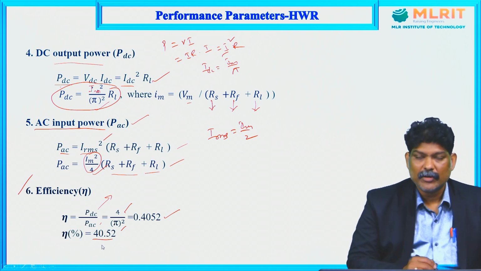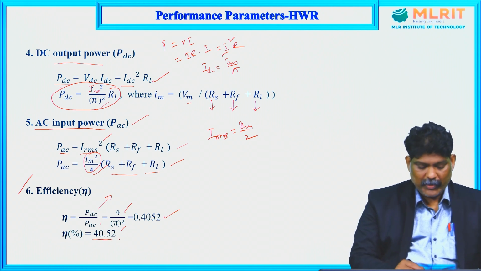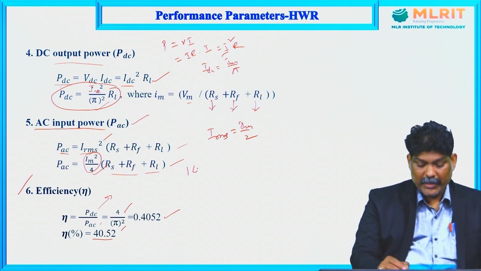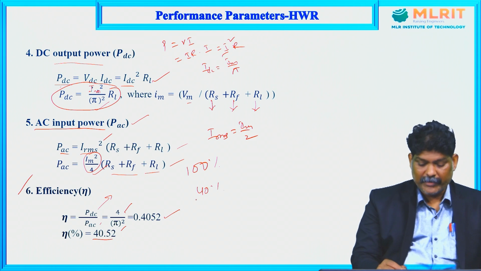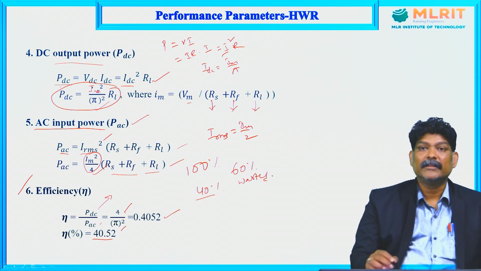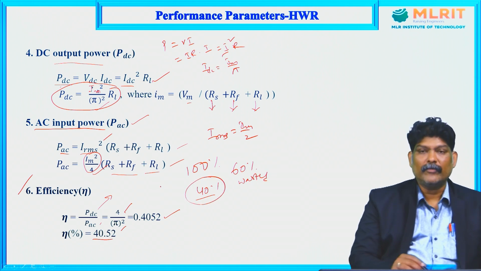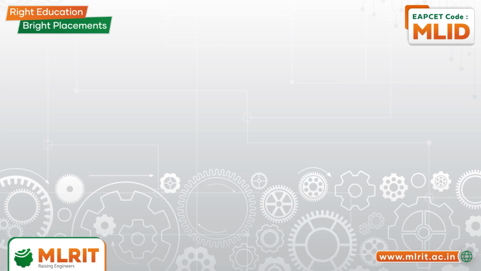So the efficiency of a half wave rectifier is 40.52%. Out of 100%, only 40% of the power is utilized, and the remaining 60% of the power is wasted in the form of heat. So this is the drawback of the half wave rectifier.